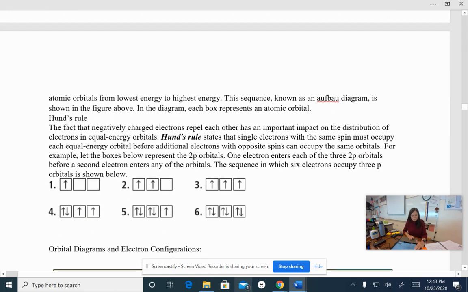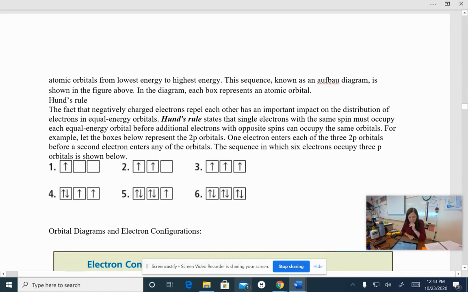Okay? Hund's rule. The fact that negatively charged electrons repel each other, right? 2 negatives next to each other will repel each other, is important on the impact of the distribution of the electrons through equal energy orbitals.